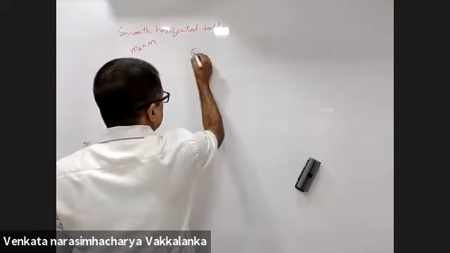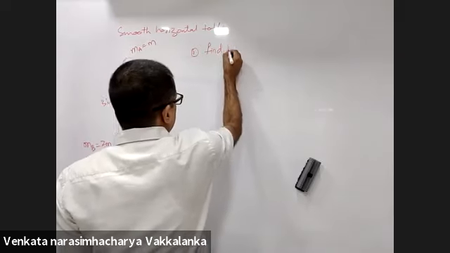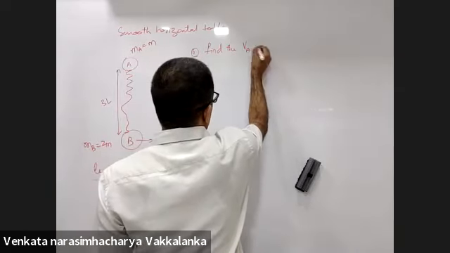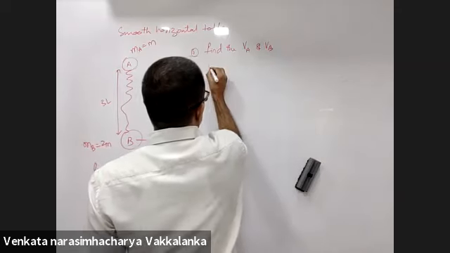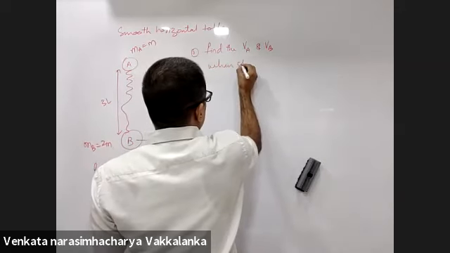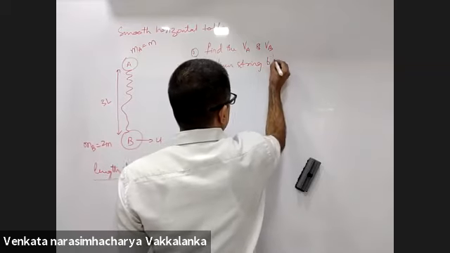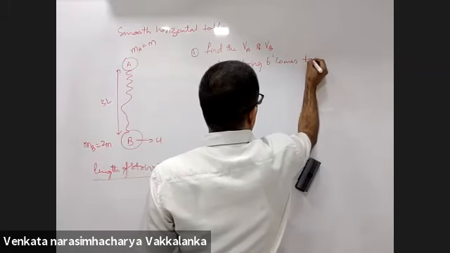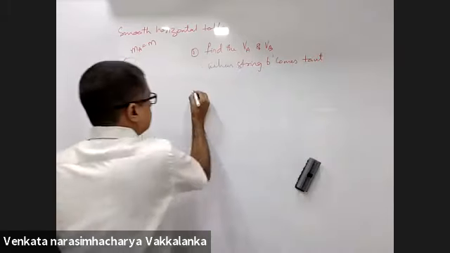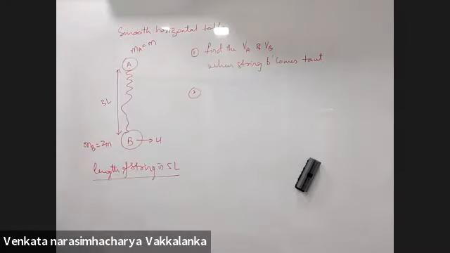First question asked is find the velocity of A and B when string becomes taut. T-A-U-T, taut, is the first word.